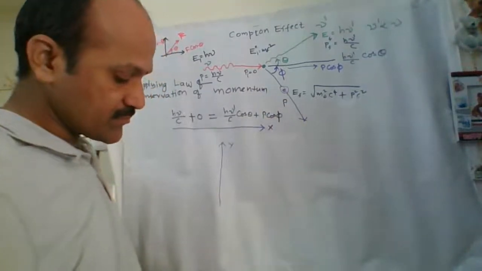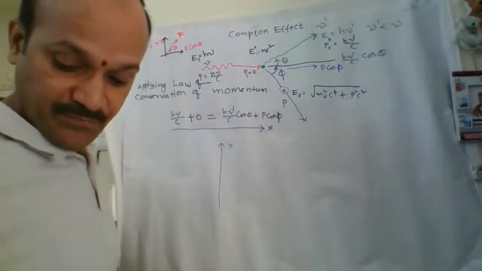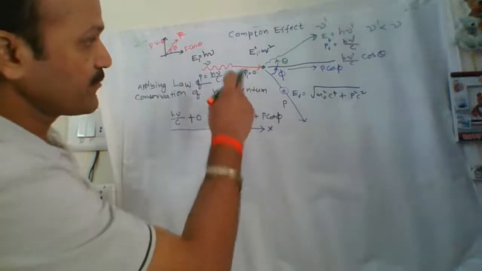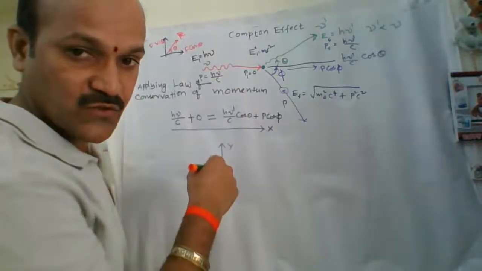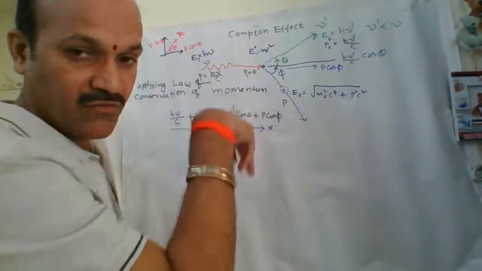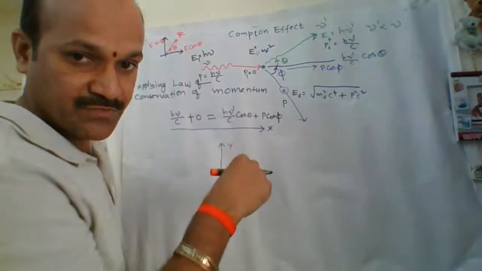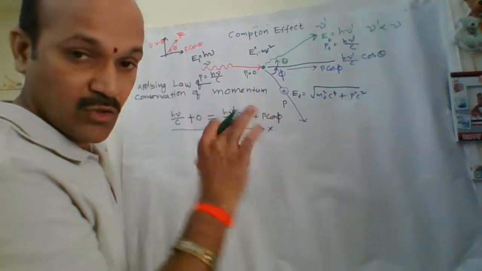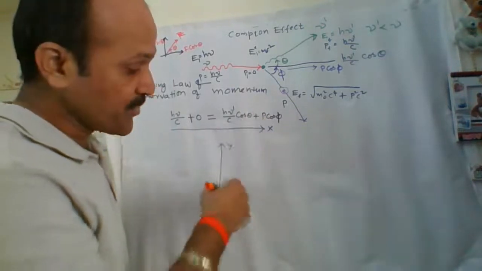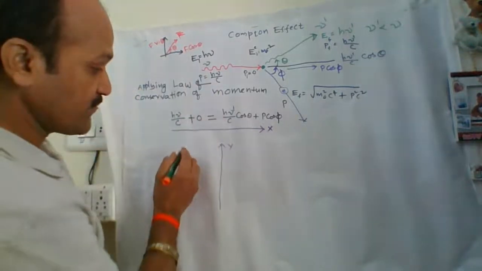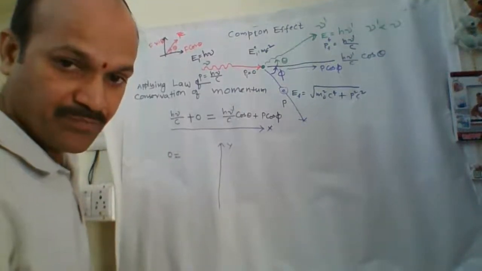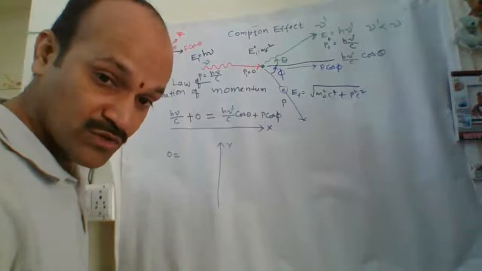Clear? Now, along the vertical direction. Before collision, what is the momentum along the y-axis? Whether you take the photon or the electron, there is no component along the y direction. So before collision, the momentum is zero along the y-axis.